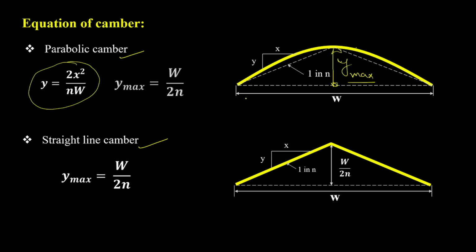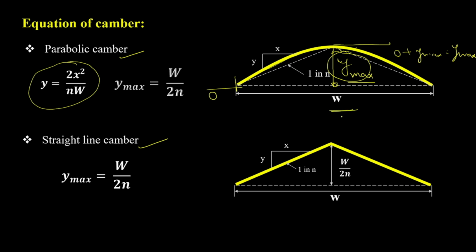Suppose, as I showed you in the last section, if we cut one section of the road, how it will look. If that camber is parabolic, it will look something like this. Here, if we consider the level as 0, then here it will be 0 plus this y max, nothing but y max.